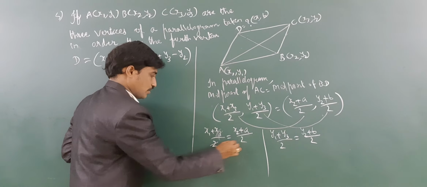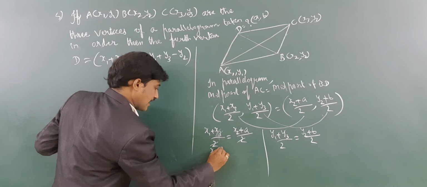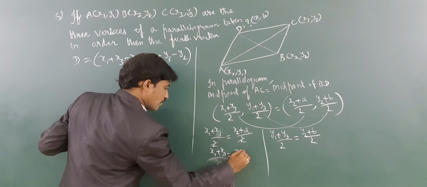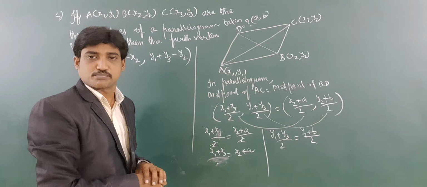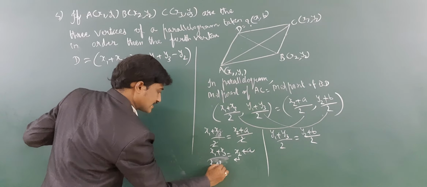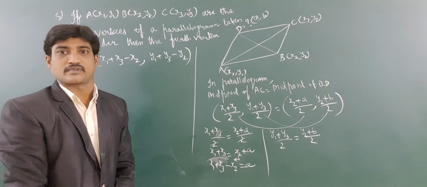Here by 2 and by 2 get cancelled. x1 plus x3 is equal to x2 plus a, and x2 transposes to the left. So x1 plus x3 minus x2 is a.